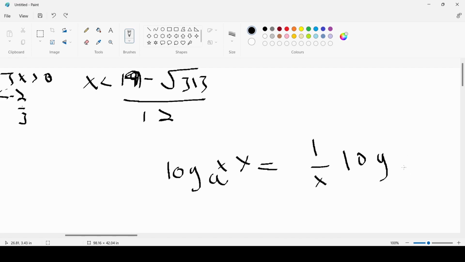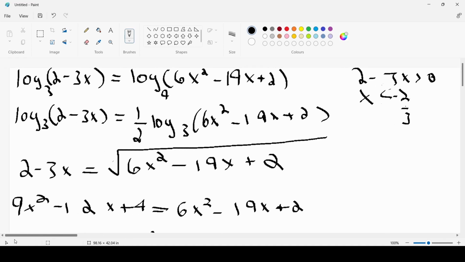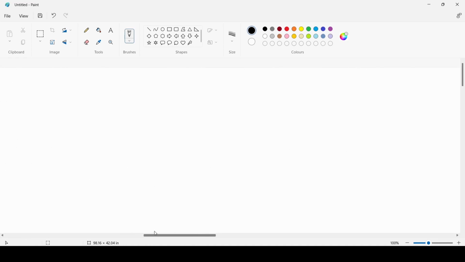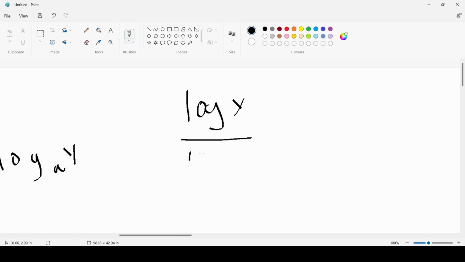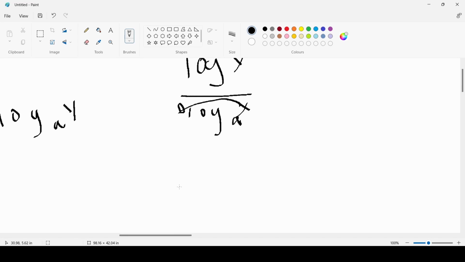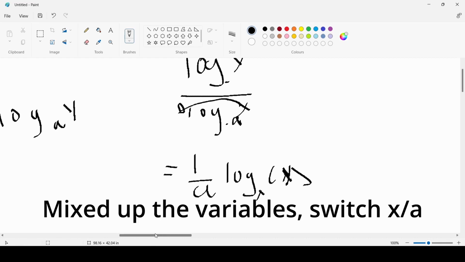And to derive that, it's just: log base y of x, x goes in front, and then this just equals 1 over y times log of x to base 10 or whatever. So we'll just say this is y, we'll just say x. Remember that, very useful.